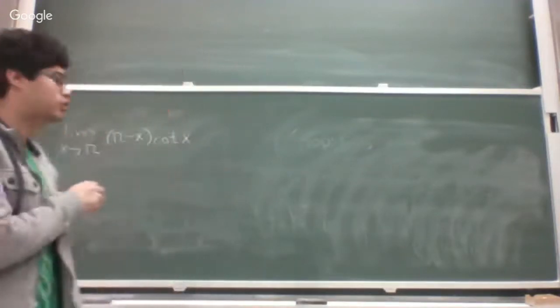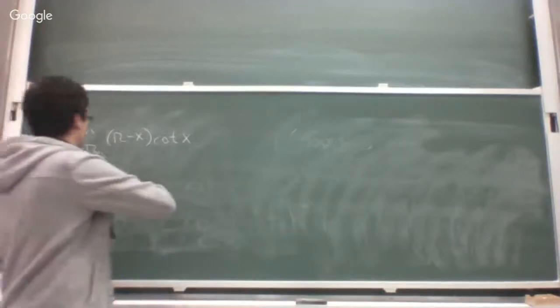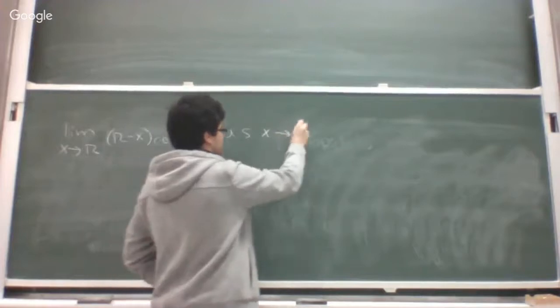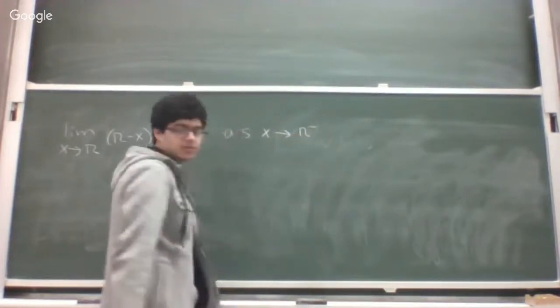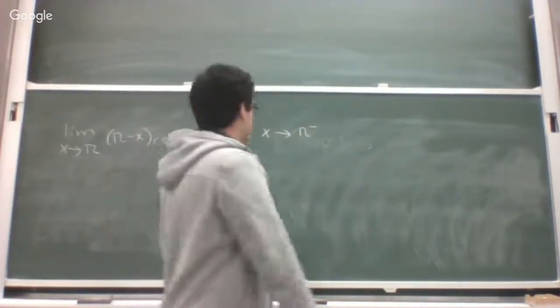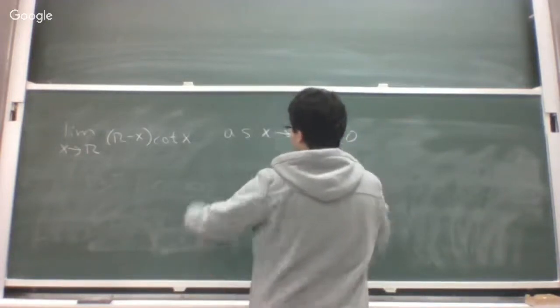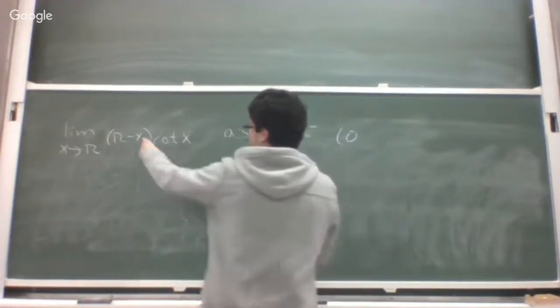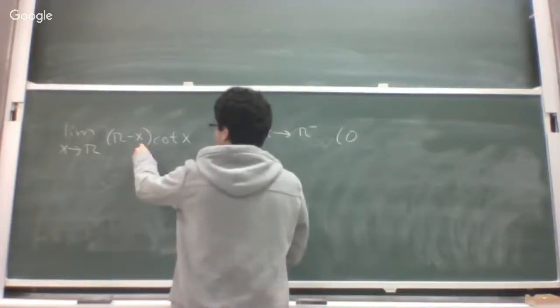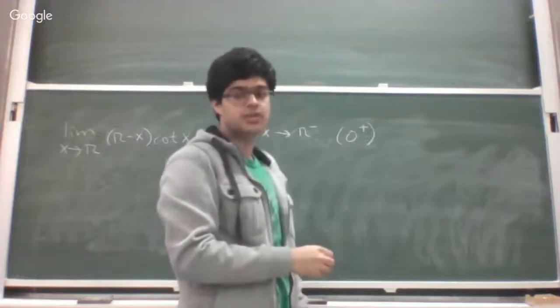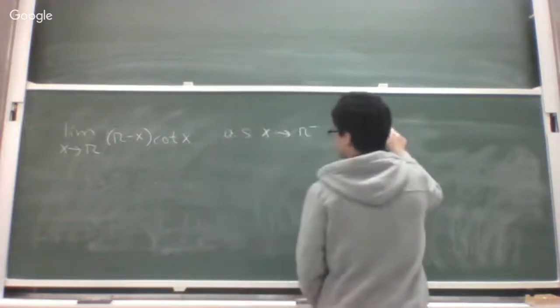So first thing you do is try to put in pi for x. So as x approaches pi from the minus side, if x is approaching pi from the minus side, it then means x is a smaller number, so we have a 0 from the positive side times negative infinity.